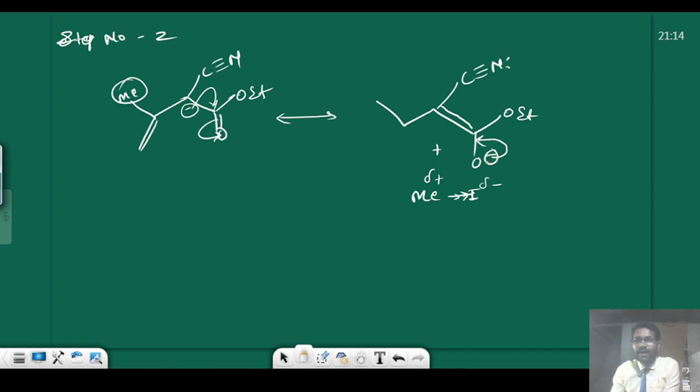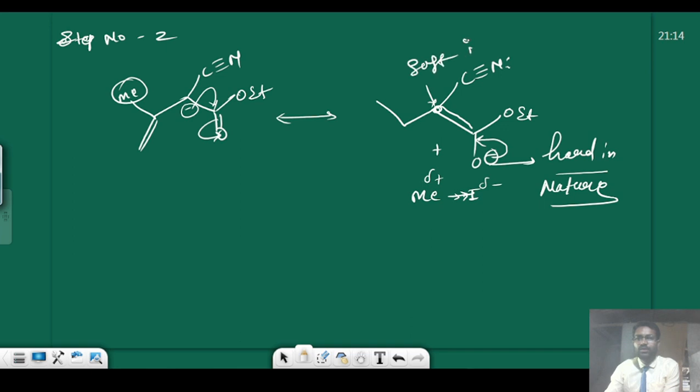It will not directly attack from the oxygen, because oxygen is hard in nature, and this carbon is soft in nature. This is also acting as a soft electrophile.